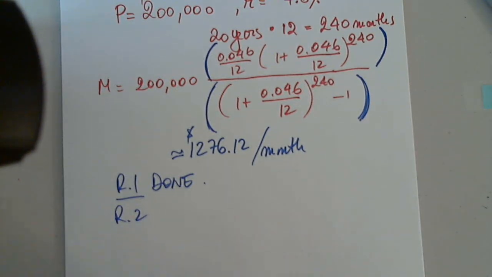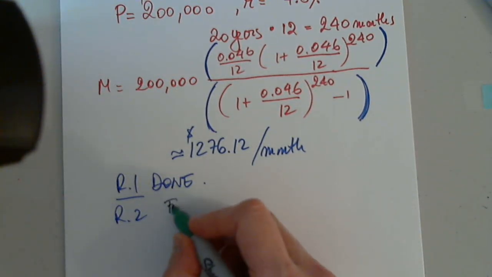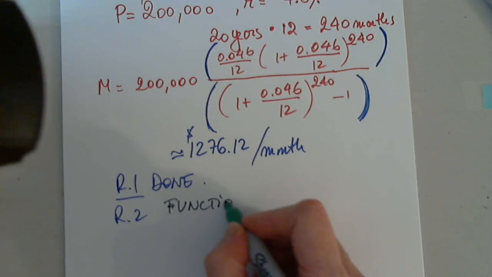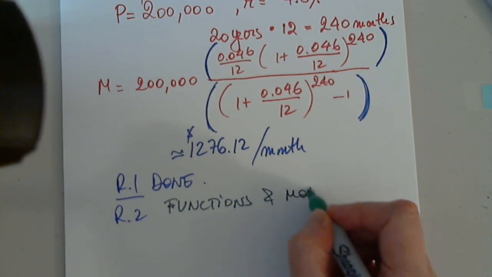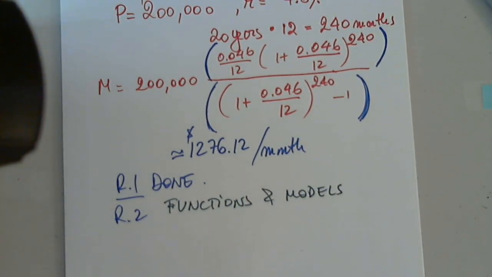Now R.2 reviews functions and models. We covered much of it by the difference quotient, by evaluating, by graphing, by a piecewise defined function.